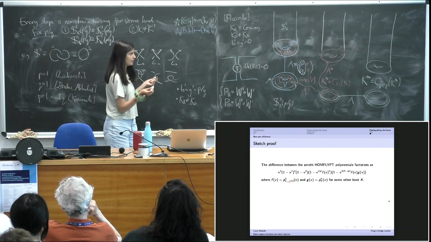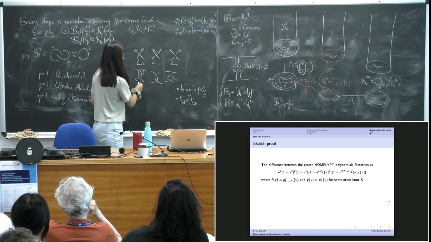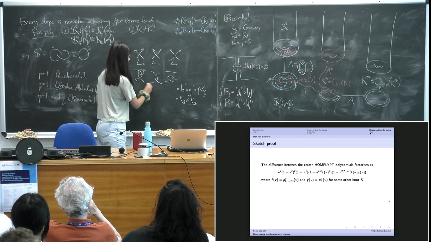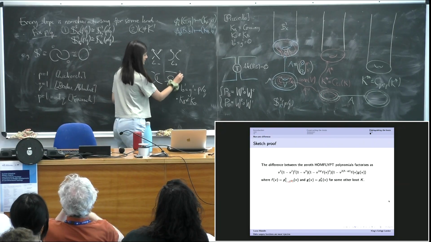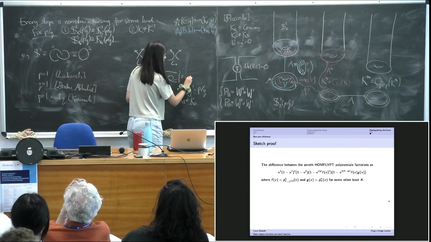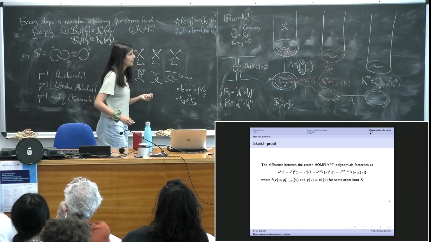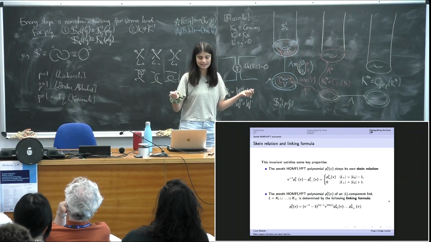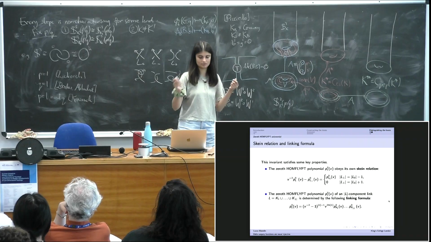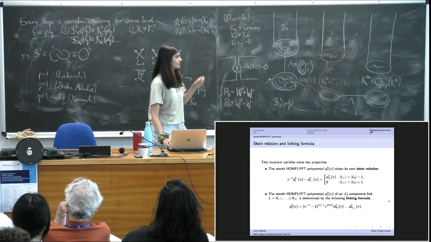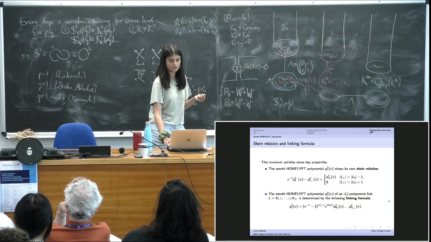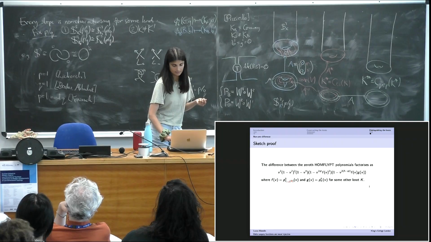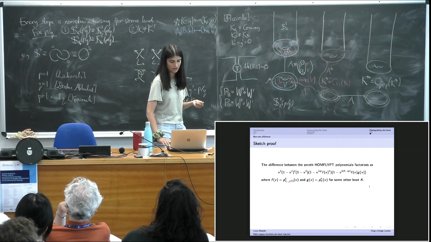So in every step, these will have one component, and then this becomes a two-component link for L0. Once we have a two-component link, then we can apply this linking formula and split everything into knots again. And we keep on doing this process until we end up with some very trivial knots. And these are the ones that appear in the formula.